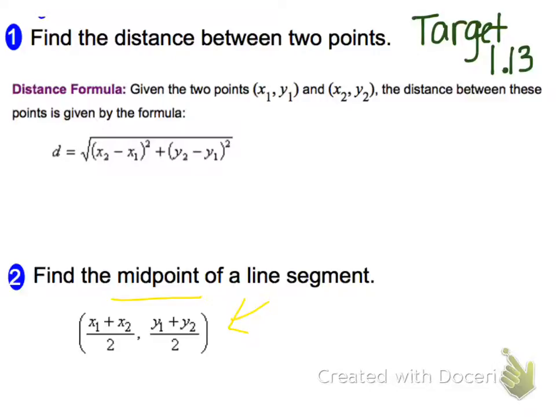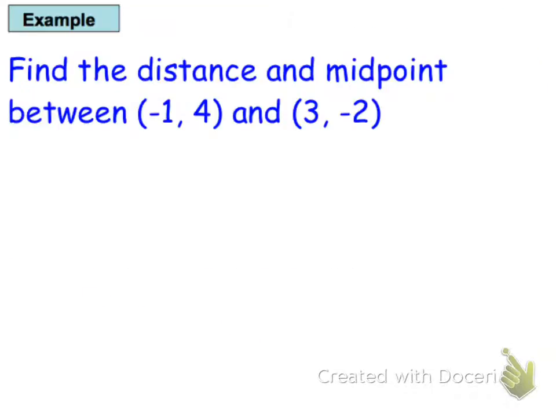Now that we have those 2 formulas, let's go ahead and practice with them. So here's the first one. We want to find the distance and the midpoint between these 2 points. Starting with our distance formula, it tells us to take the square root, and now we'll subtract the x's.